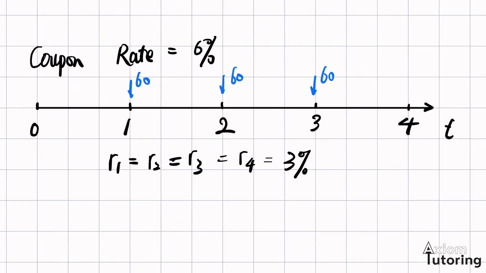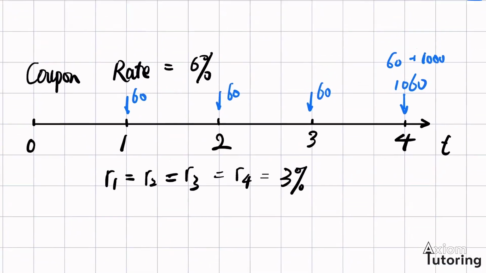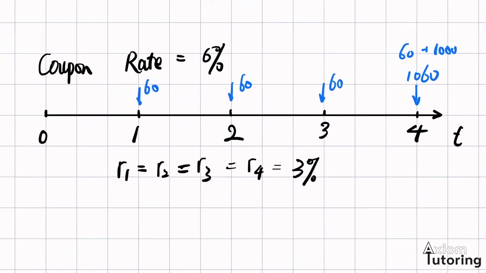It's just that the 4th year, it seems like we're not going to be able to use that annuity formula because that's 1,060. But what if we just break that 1,060 down into 60 and 1,000?